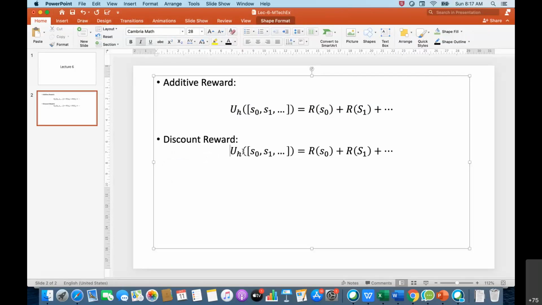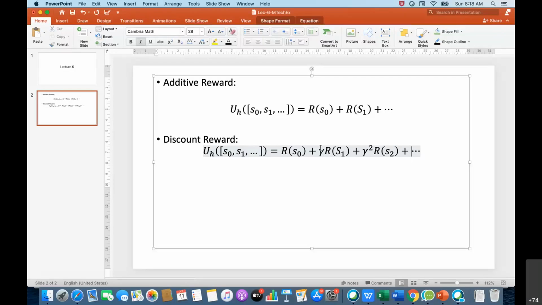The left hand side is going to be the same, since we are about to compute the utility of that sequential decision making, but here the equation changes, so this equation is changing to this one.